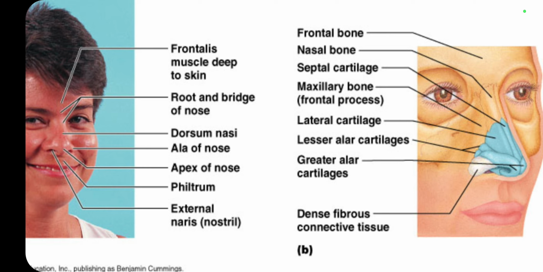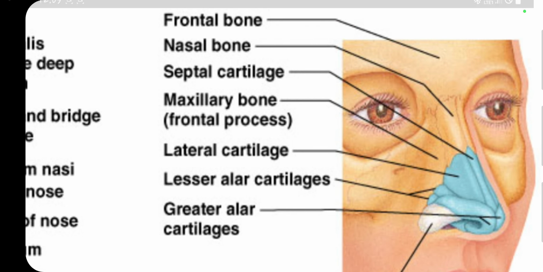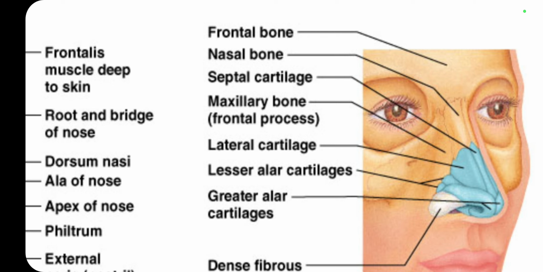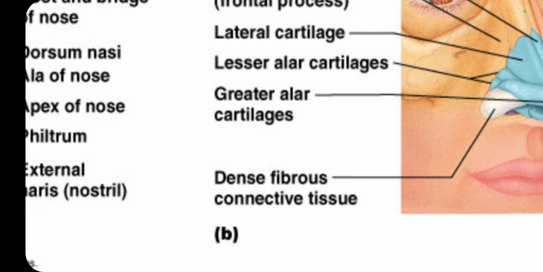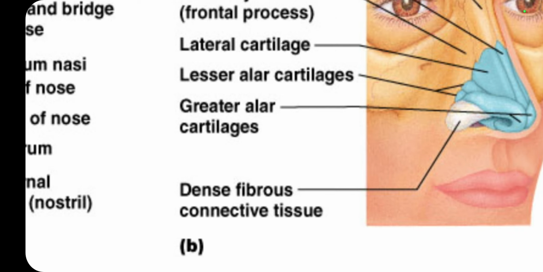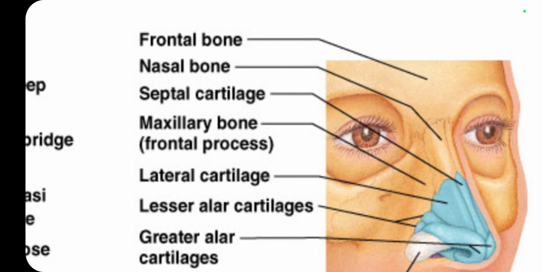This pertains to the external portion. We have the lateral cartilage, the lesser alar cartilage, and the greater alar cartilage. And lastly, we also have the dense fibrous connective tissue. These are the organs of the external portion of your nose.